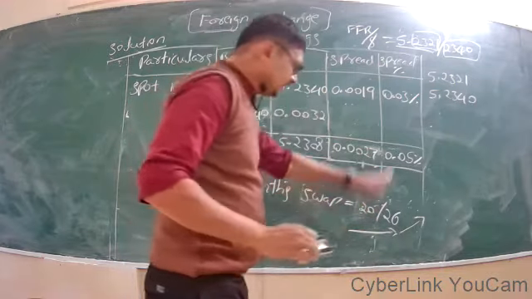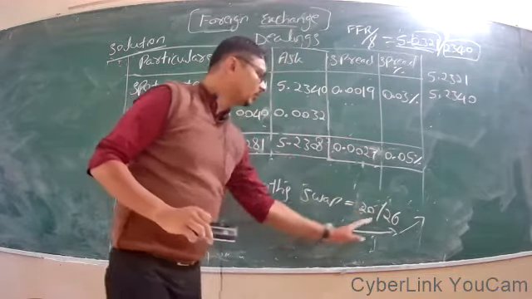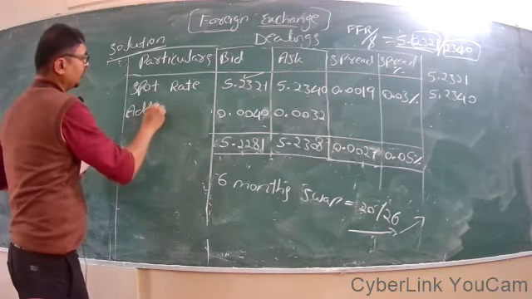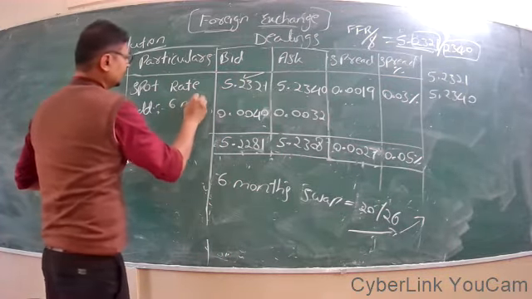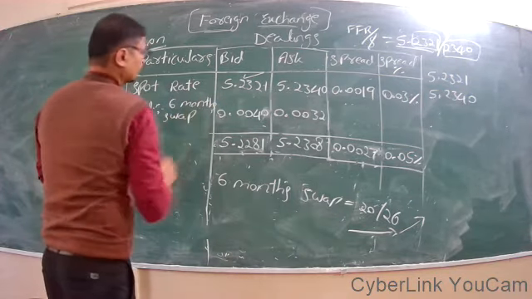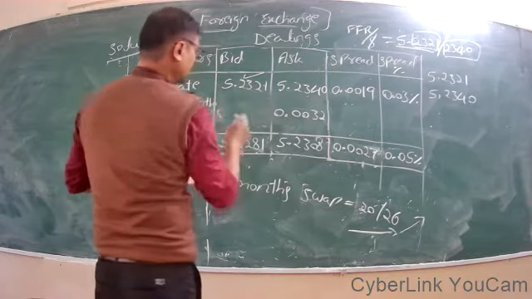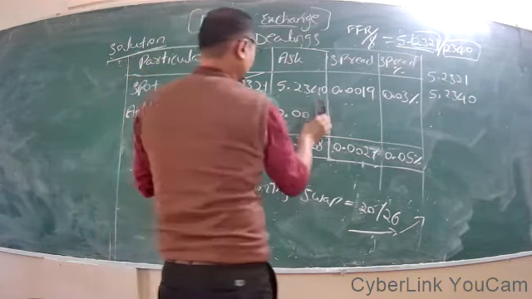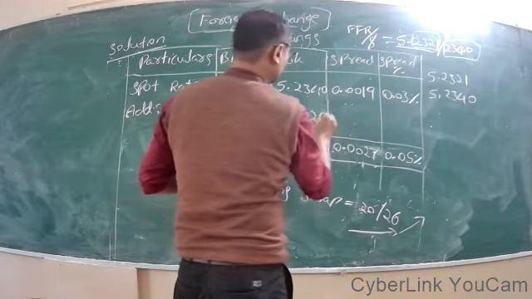So if it is in increasing order while reading from left to right, you have to add the swap point, that is 0.0020 oblique 0.0026.